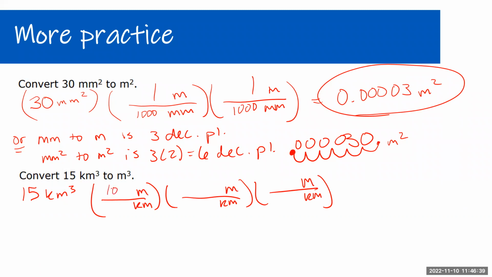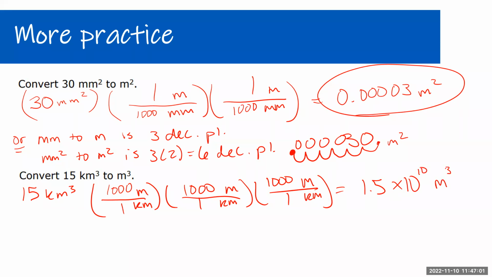We know that there are 1,000 meters per 1 kilometer. Okay. And if we multiply this across, the calculator's going to tell you 1.5 times 10 to the 10 meters cubed.